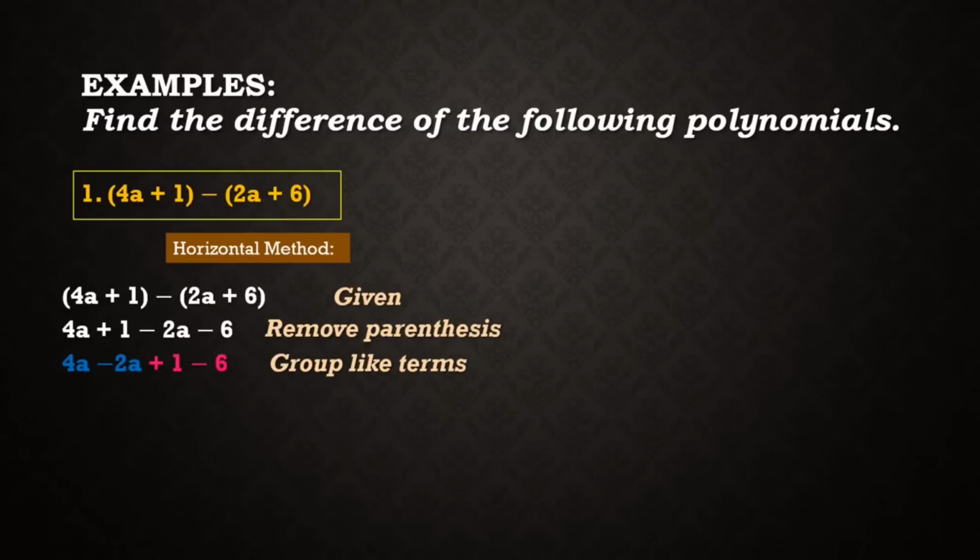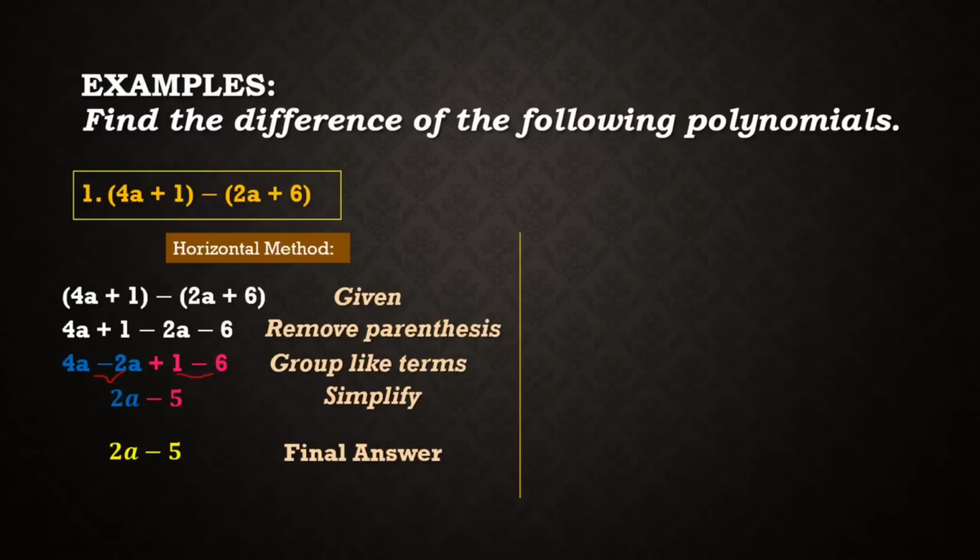So we have 4a minus 2a and positive 1 and negative 6 together. After that, we apply the operation. 4a minus 2a is equal to 2a, and 1 minus 6 is equal to negative 5. We cannot combine 2a and negative 5, so our final answer is 2a minus 5.